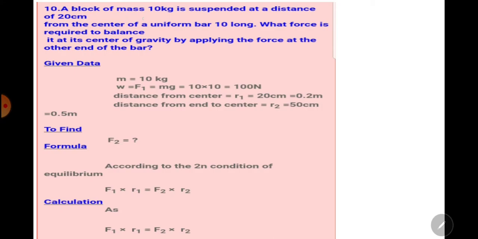A block of mass 10 kg is suspended at a distance of 20 cm from the center of a bar 10 meter long. This is the mass, this is the force. What is the force required to balance it at its center of gravity by applying the force at the other end of the bar? This is R1, this is R2, 10 centimeter and 20 centimeter.